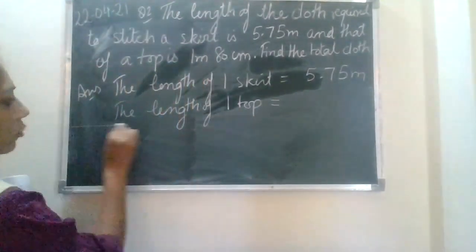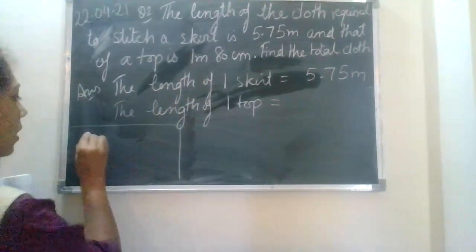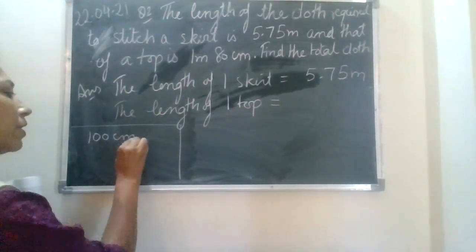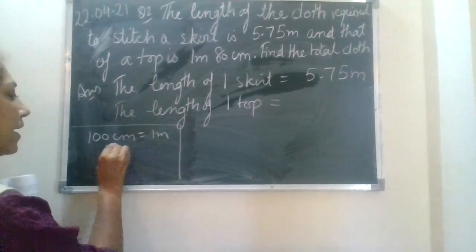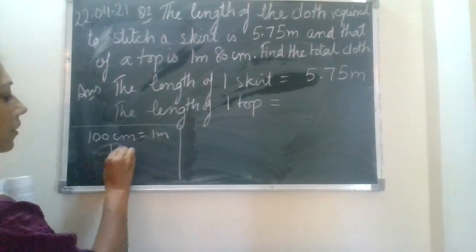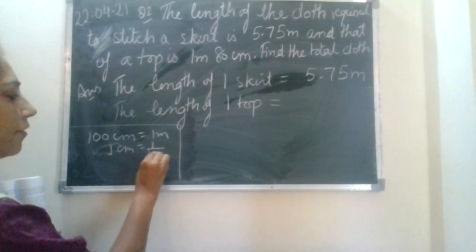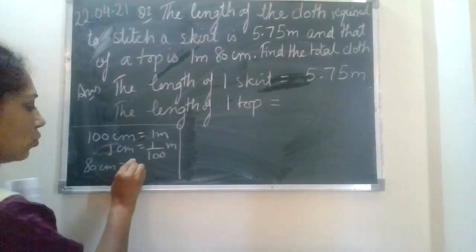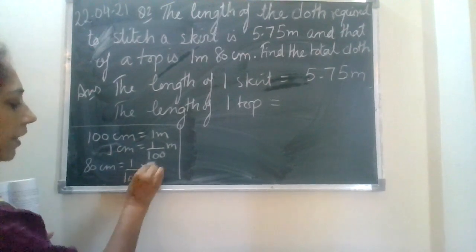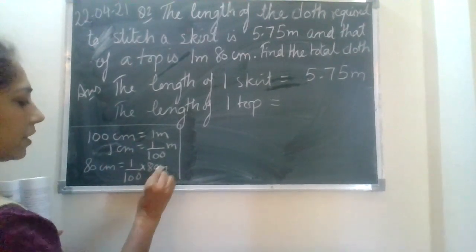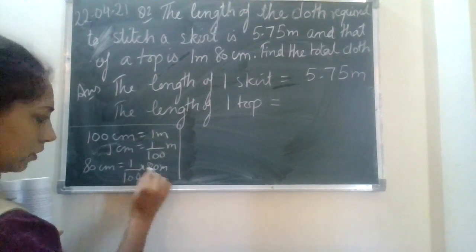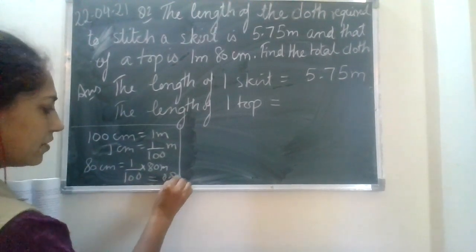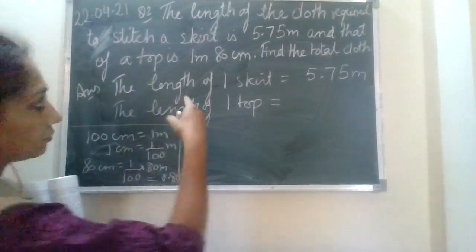Again, I'm going to do the rough work over here. 1 meter, no issue. 100 centimeter equals 1 meter. 1 centimeter equals 1 upon 100 meters. And 80 centimeter equals 1 upon 100 into 80 meters, or you can place the decimal, 0.80 meters.